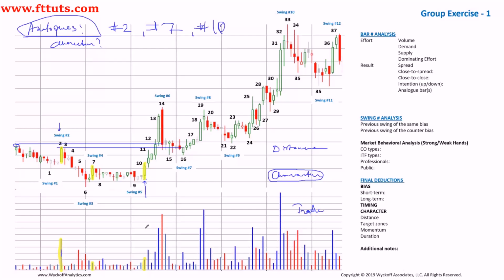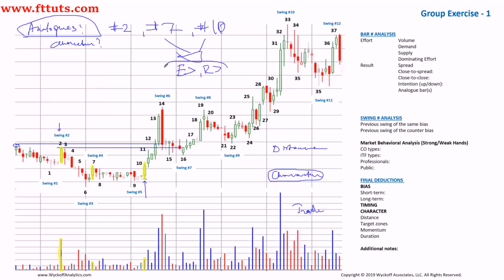So comparing 10 and 7, what could we say about the effort and what could we say about the result? It looks like there's more effort on 10, and it looks like we have a little bit greater result.